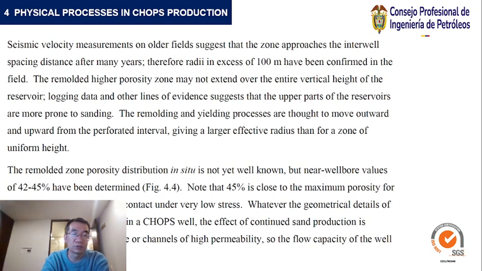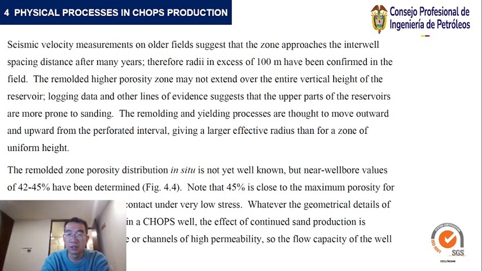The remolded zone porosity distribution is not yet well known, but values of 42 to 45% have been determined. Note that 45% is close to the maximum porosity for loose sand in grain-to-grain contact under very low stress.